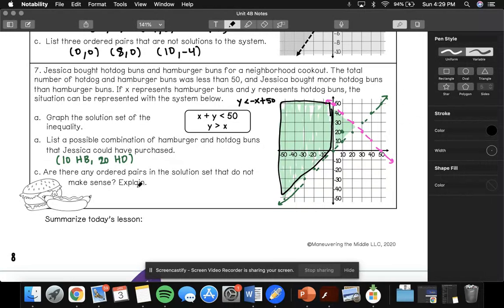Because again, we can't have any negative hamburger or hot dog buns. So any negative numbers, because we can't have negative buns, whether they be hot dog buns or hamburger buns, it doesn't make sense either way.